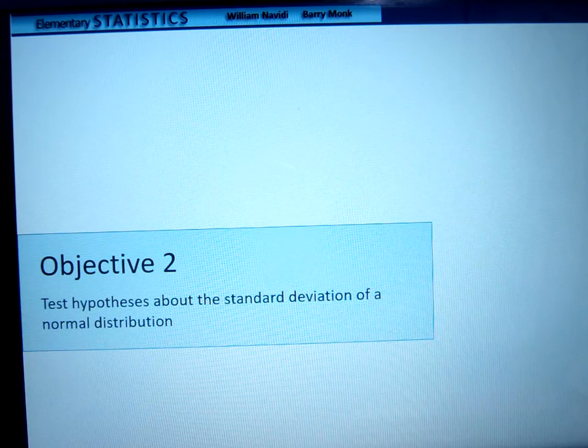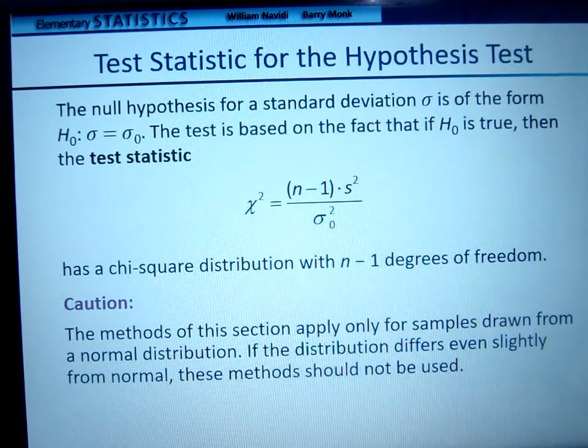Testing hypotheses about the standard deviation of a normal distribution. The null hypothesis for a standard deviation sigma is that the standard deviation is equal to the null hypothesis standard deviation, sigma naught.